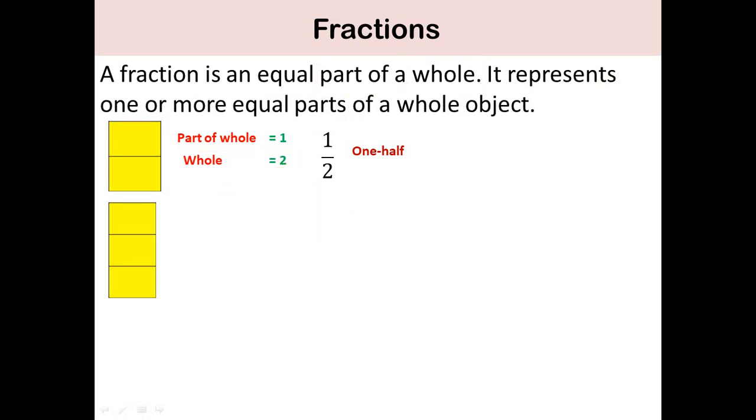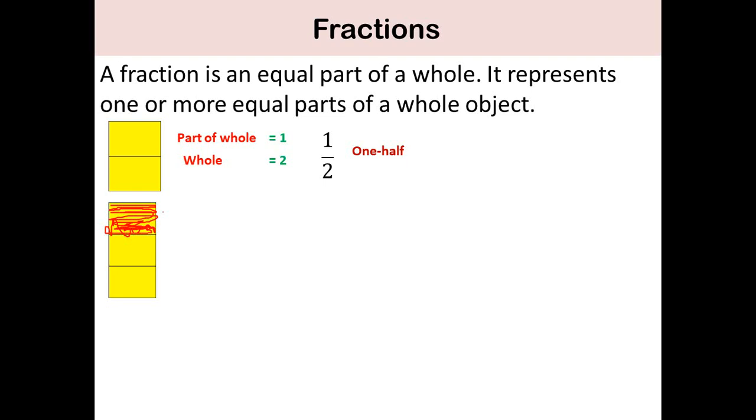Now let's take another chocolate. See, this chocolate has been divided into 3 equal parts. Very interesting. Let me take one part out of this. I have taken one part. See, this chocolate has been divided into how many equal parts?